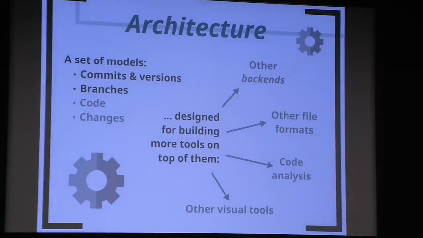We can traverse versions, see which files have changed in each version, which files not, which classes and which methods. And we can manage branches, but we also have been looking at having our own code model, our own changes model. These are designed for building lots of tools on top of them.